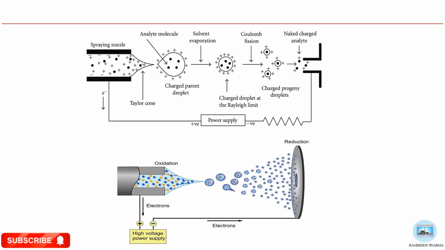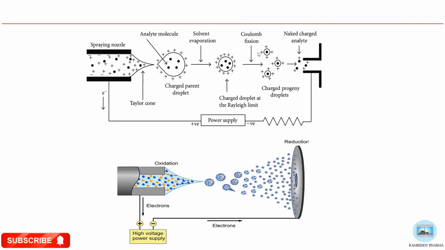Now we also apply heaters. Upon heating, the droplets containing the solvent evaporate. Once the solvent evaporates, a coulomb fission happens, and a charged droplet is formed.